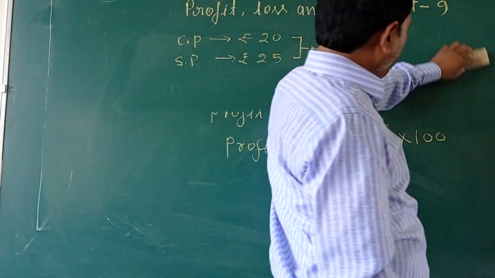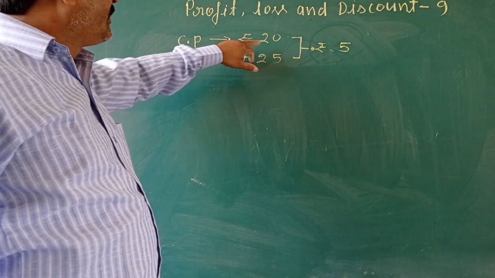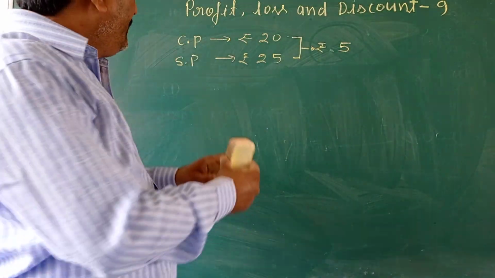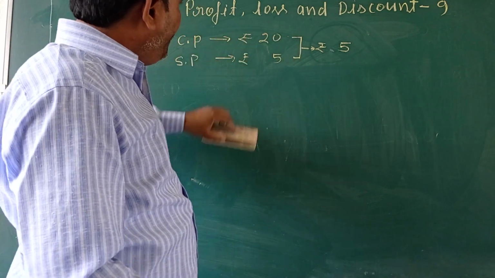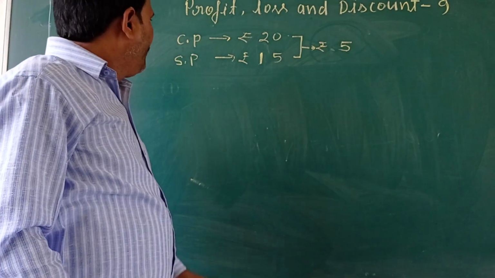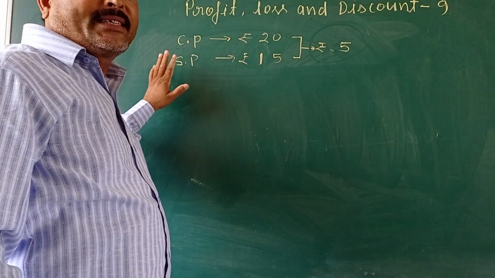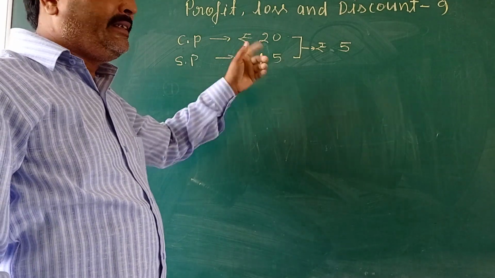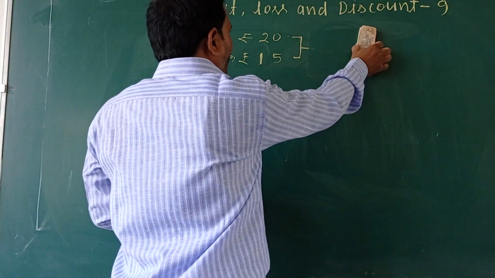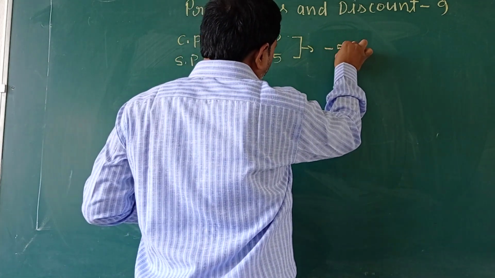Next point is that suppose you purchase the same gesture for 20 rupees, but you sell it for 15 rupees. Your cost price is 20 rupees, your selling price is 15 rupees. It means that you are in a loss of 5 rupees.